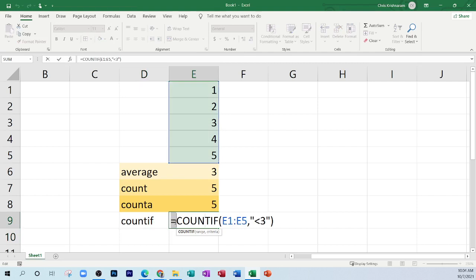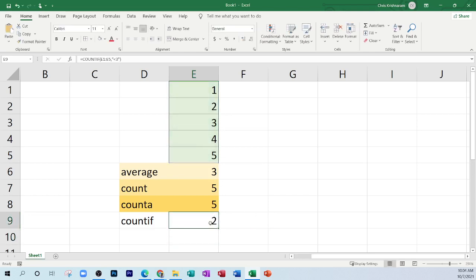So equal sign, name of the function, open brackets, the range, and our criteria in double quotation marks. The criteria is, in this range, is there any value less than 3? We have 2 and we have 1. So it counted 2 values less than 3.